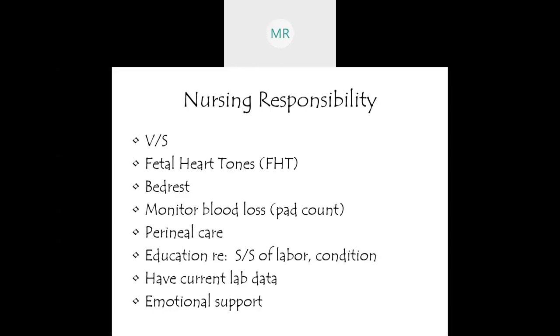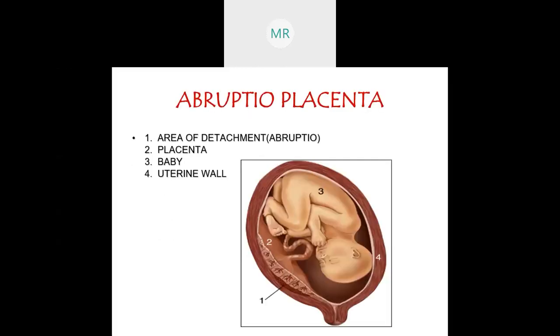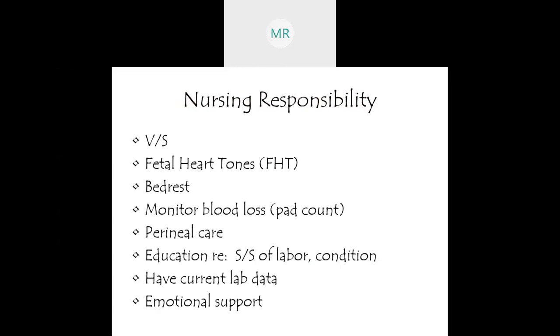Now a couple of things that I want to mention before we go to abruptio placenta: sometimes if the bleeding stops, she'll be discharged home on bed rest and on home care. And then, of course, if she's discharged home, we'll do frequent labs, H&H, and assessment of the fetal heart tones.